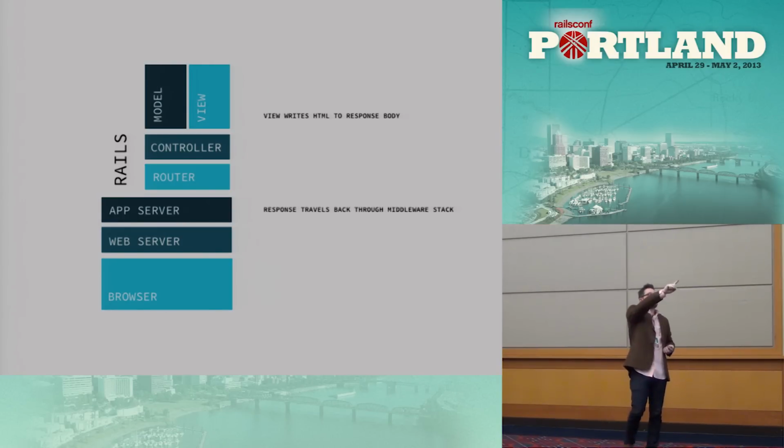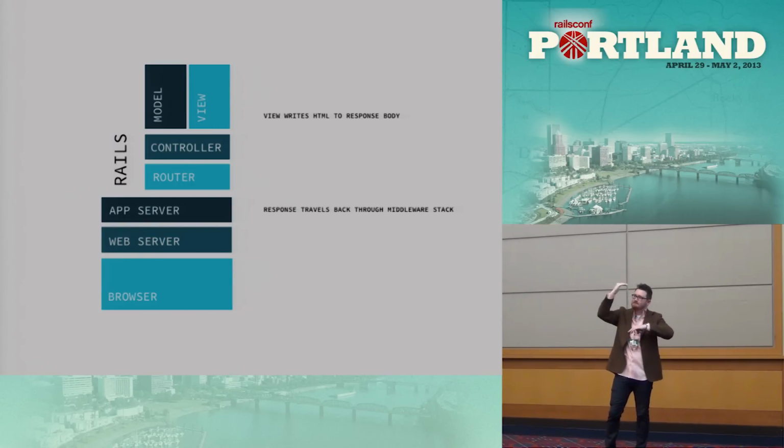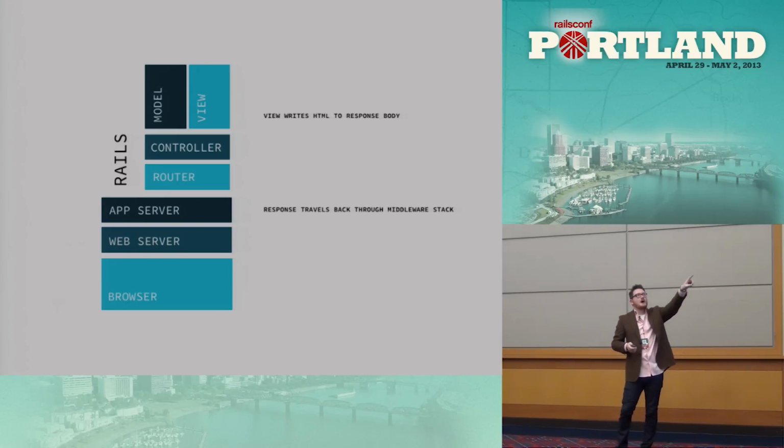Essentially what happens is, after everything's written, you're going back to the app server, the rack application stack. And it's coming back through that middleware I talked about, which gives you a chance after the view has been written that if you want to add an additional header, or some other information to the response before it actually goes out, but you don't want to do it in the context of a controller or a view, if you want to centralize some of that action, this is an opportunity that you can do that.